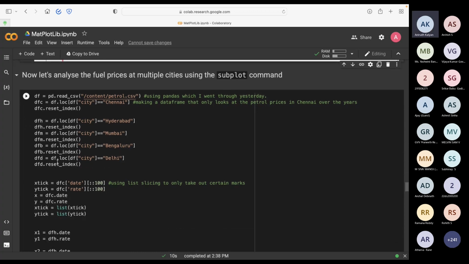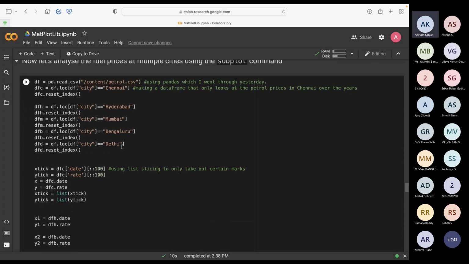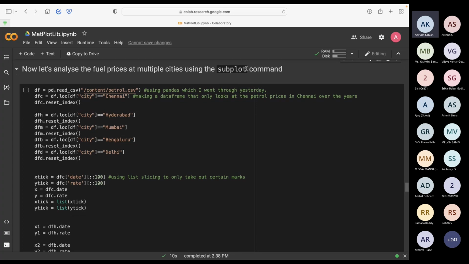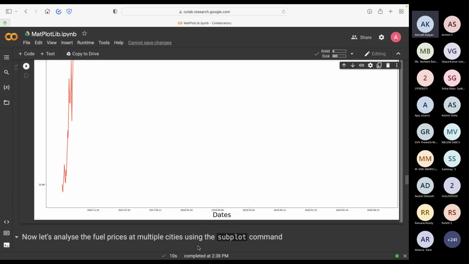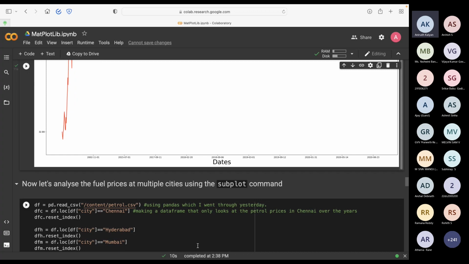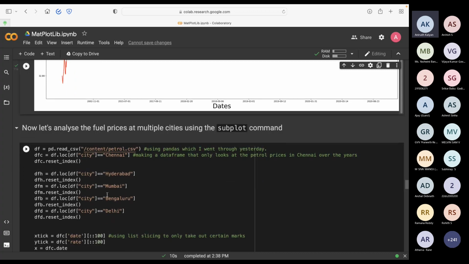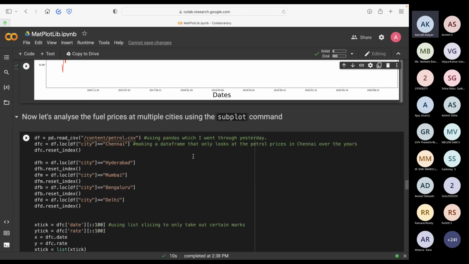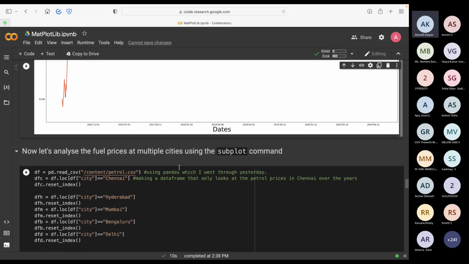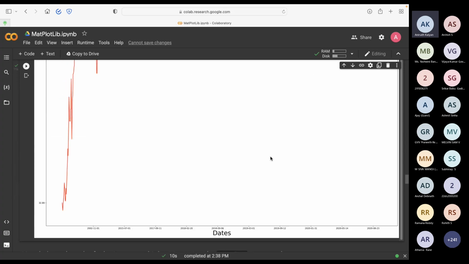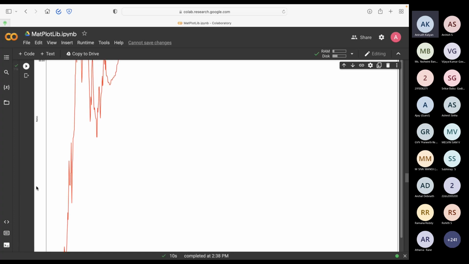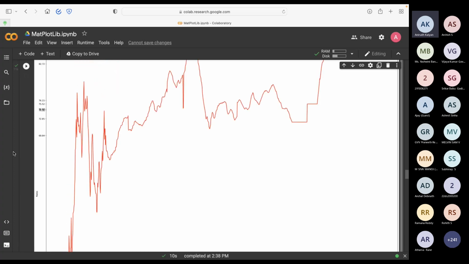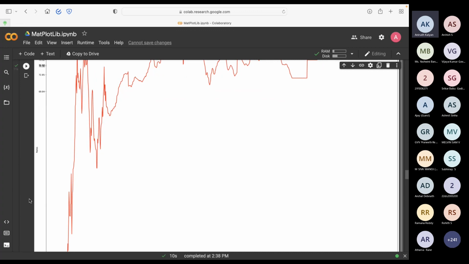Now, finally, I'd like to almost conclude with the subplot command. So this is just Chennai, but this dataset contains Hyderabad, Delhi, Mumbai, and Bangalore. I'm going to teach you how to use subplots, which is also pretty useful. Subplots is basically splitting the canvas into 4 smaller canvases. Here I made use of the entire canvas, but now I'll show you 4 smaller canvases.